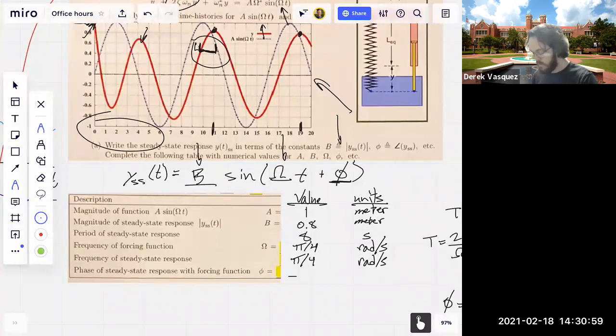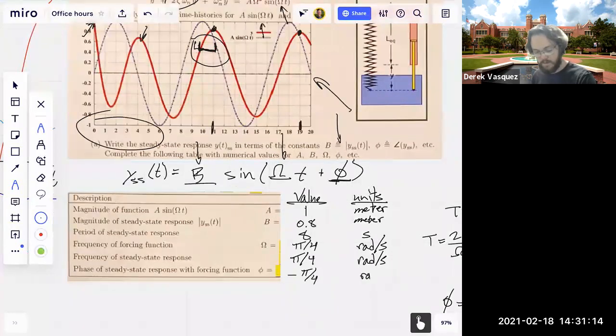The phase angle, and that's also, like I also said earlier, we're trying to convert that 1 second to pi over 4 to radians, and the answer is negative pi over 4 radians. But I'm just missing this function here, whatever conversion that is.